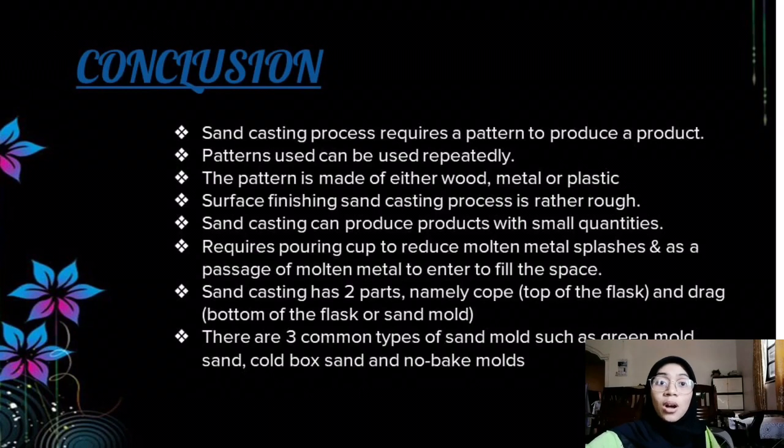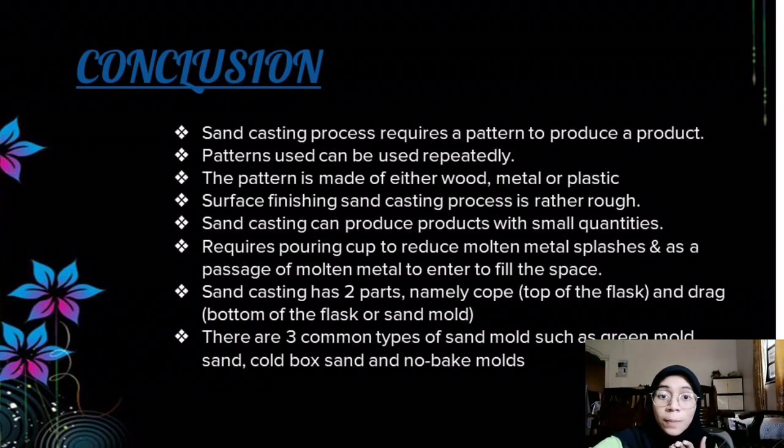The conclusion of this process is that the sand casting process requires a pattern to produce a product. The pattern can be used repeatedly. This process is very different from lost foam casting, because the lost foam casting process uses the pattern only once for each process. Next, we should avoid using patterns that have vertical sides.